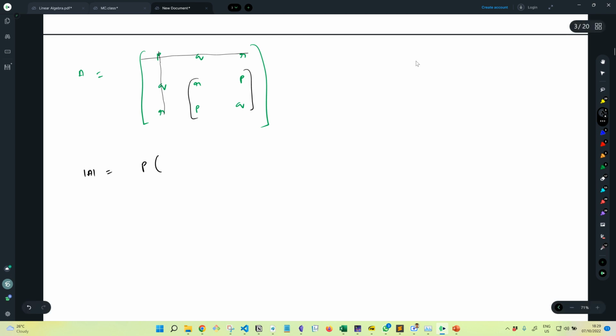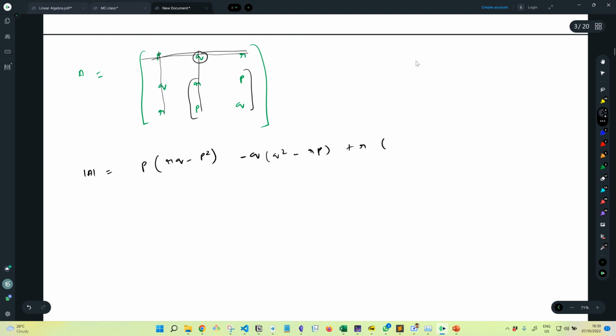So p into (rq minus p square), right? Then I'll do minus q into, once I take this coefficient, I'll eliminate the first row and second column. Then I'll get q into (q square minus rp).